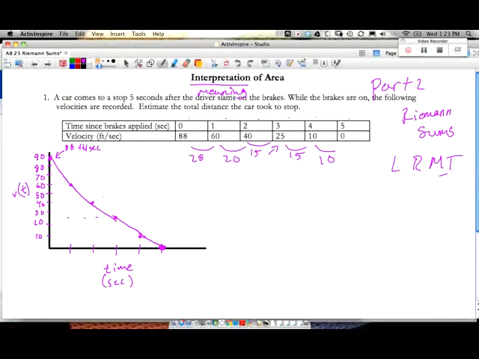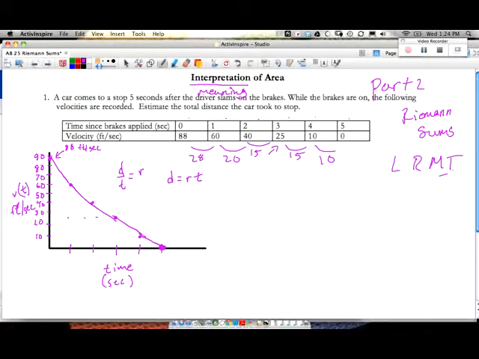Now this is velocity. This is measured in feet per second here. But what it's really asking us is distance. So I like to think of the dirt formula: D equals rate times time. Distance equals rate times time. This is more commonly looked at as distance over time equals your rate, how fast you're going.